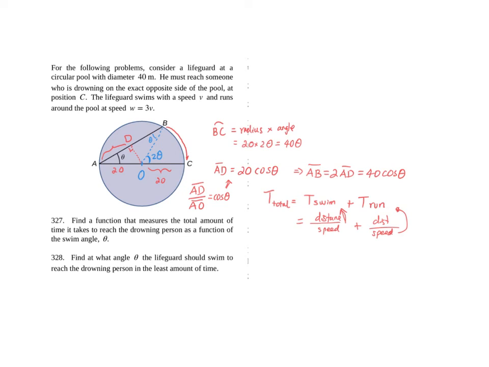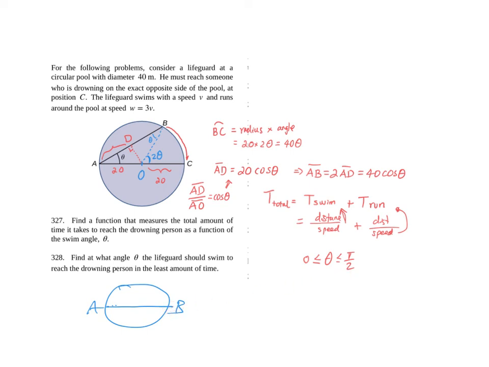Please keep in mind that theta should be from 0 to pi over 2. Just think about that. When theta is 0, AB coincides with AC, which means the lifeguard just swims across.